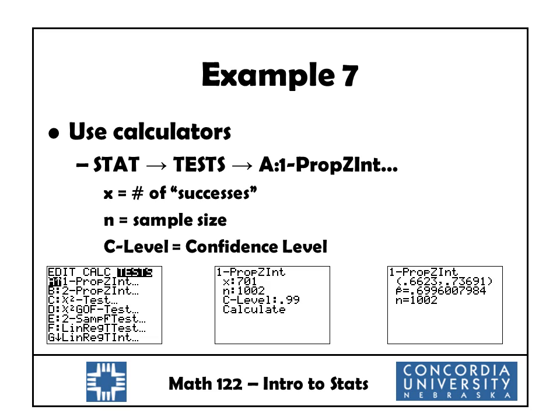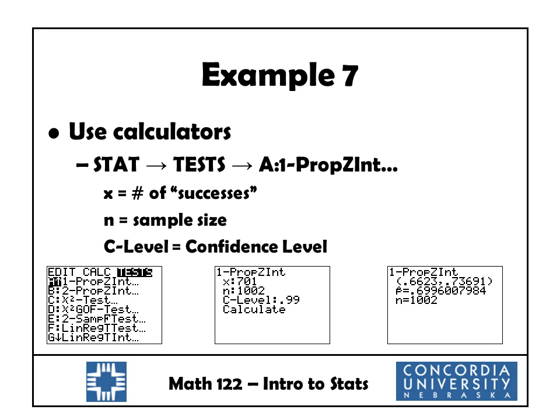So that first line, you see the 1-proportion z interval. That's the test that we're doing. And then you see the confidence interval, 0.6623 up to 0.73691. That's our confidence interval in the form of an interval, as opposed to inequalities like what we do doing paper and pencil.